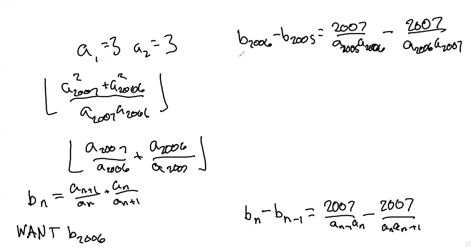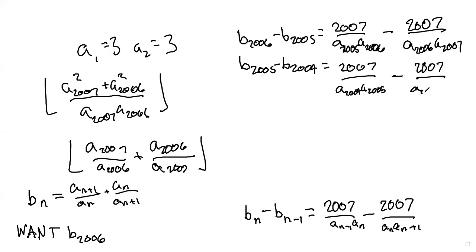All right, so now what happens if I write this? My indices are a bit hard to read, but you can see that these cancel.